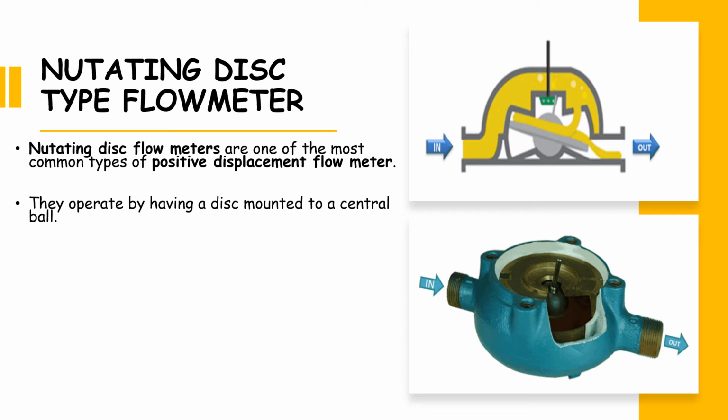Now when fluid enters the chamber through the in arrow which is shown, it causes the disc in the center to wobble or nutate, and this is how it got the name nutating disc type flow meter. And that transfers the displayed volume to the register. Something to keep in mind is that due to the nutating disc nature, the accuracy of this type of flow meter can be adversely affected by fluctuations in the liquid viscosity.